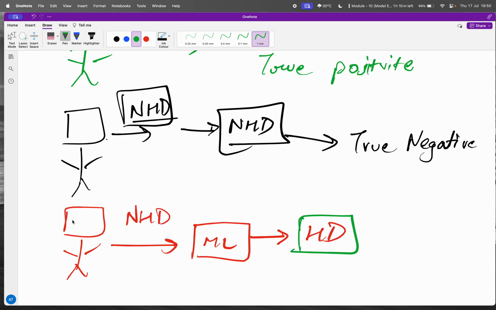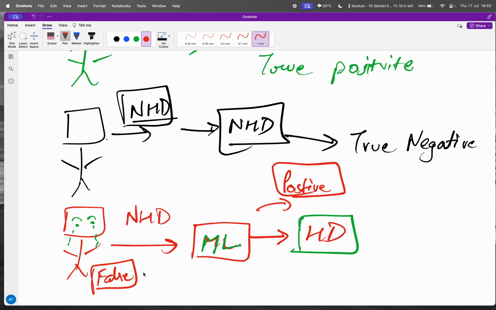Earlier it was not having heart disease, but unfortunately, through a wrong prediction of the machine learning model, it is telling that the person is having heart disease. So earlier it was a false case, the person was not having it, but our model is telling it is positive, like this person might have the heart disease. So this will come as false positive, right?